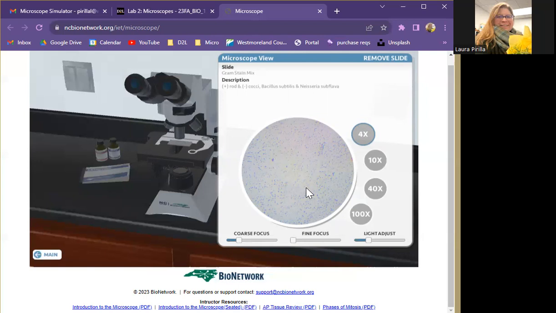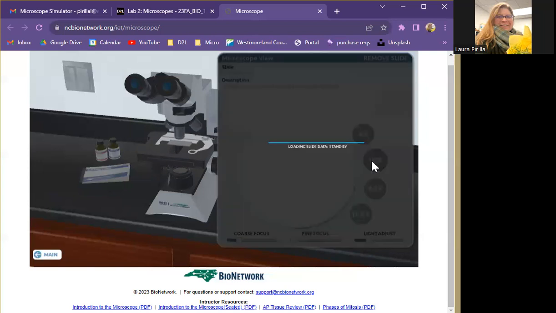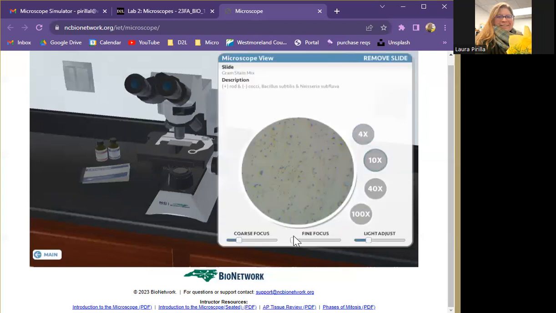This is probably all the better you're going to be able to focus something if you're looking at bacteria. Now we go up to the 10x. All right, now maybe we can focus this a little better. Those speckles are slightly larger. But you notice you can't really see any detail here.